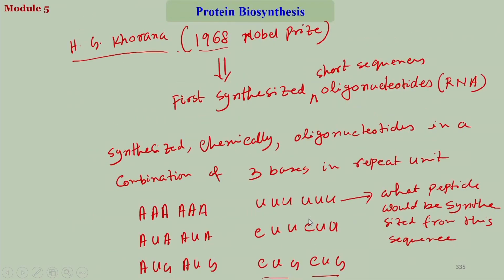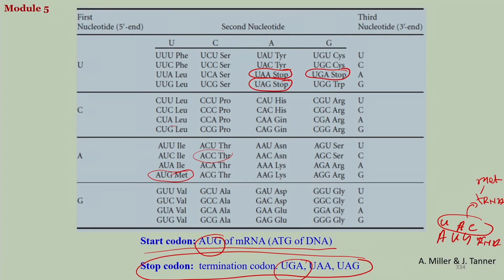So this is what is going to be your peptide sequence. You can practice using different kinds of sequences, permutations and combinations, and try to use this table to figure out the peptide chain that could be synthesized from a given DNA or mRNA.